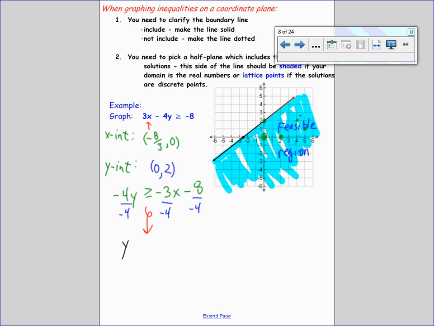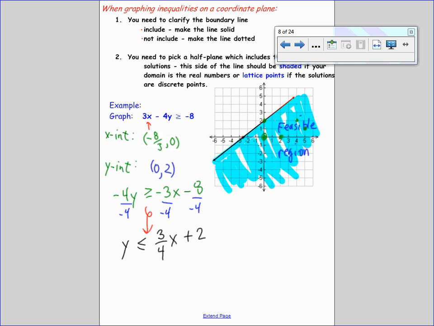So when we divide by a negative 4, this greater than or equal to now becomes a less than or equal to. Negative 3 divided by negative 4 is positive 3/4 times x, and then negative 8 divided by negative 4 is plus 2.